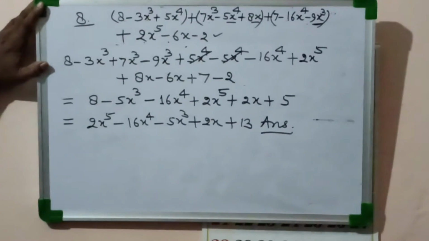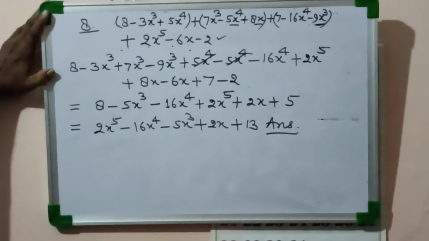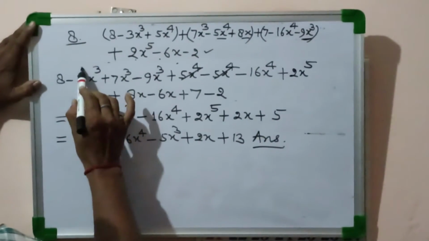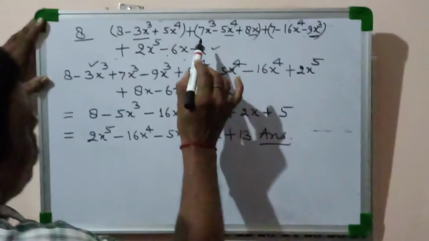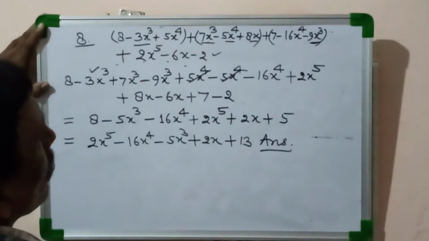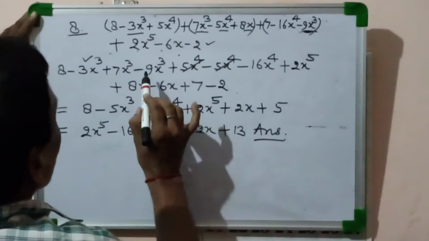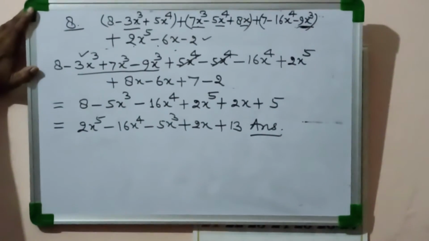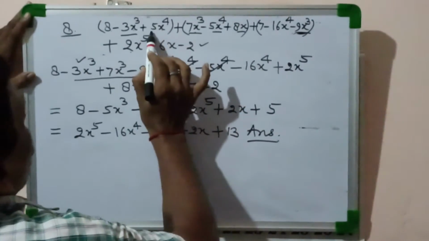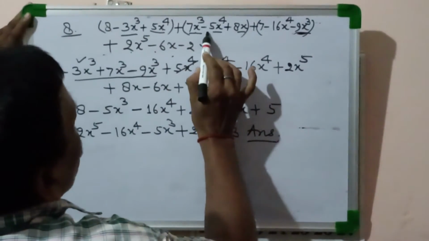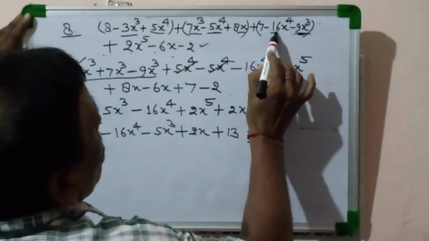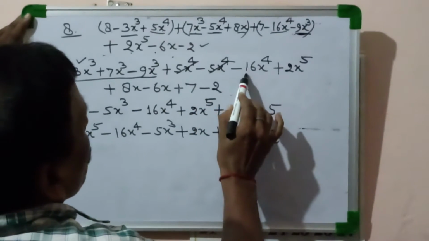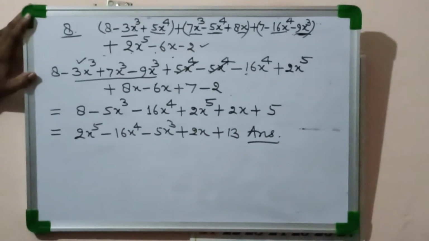Now similarly, you take like terms: minus 3x cube, plus 7x cube, minus 9x cube at a time. Then 5x power 4 minus 5x power 4 minus 16x power 4.